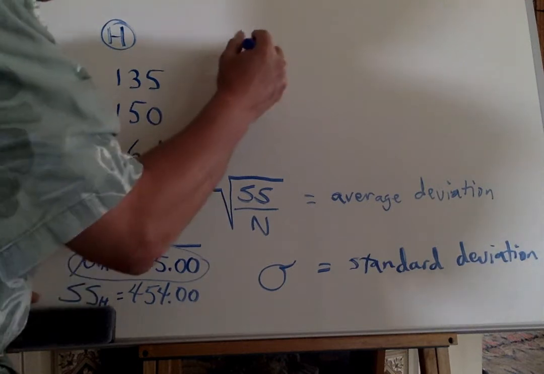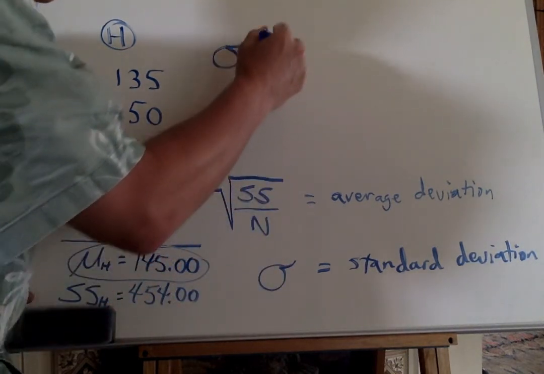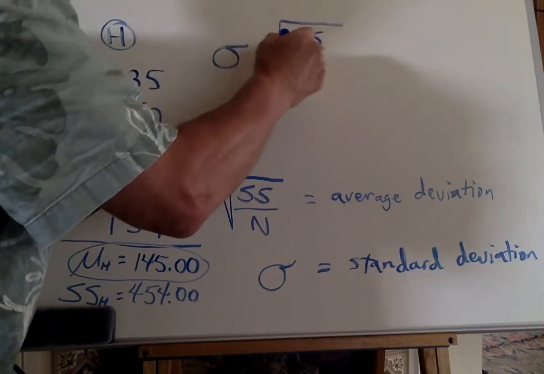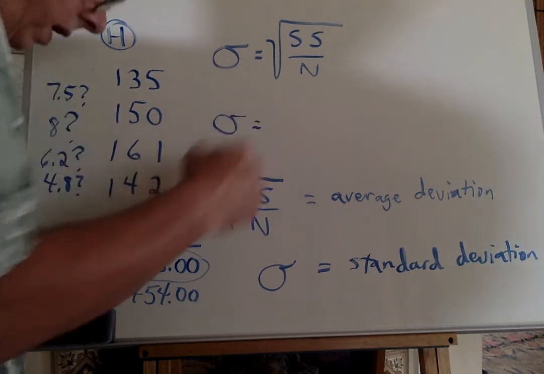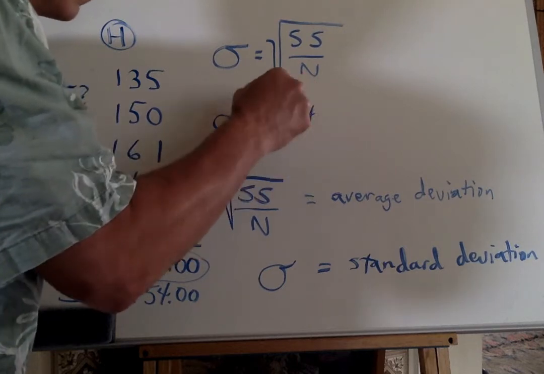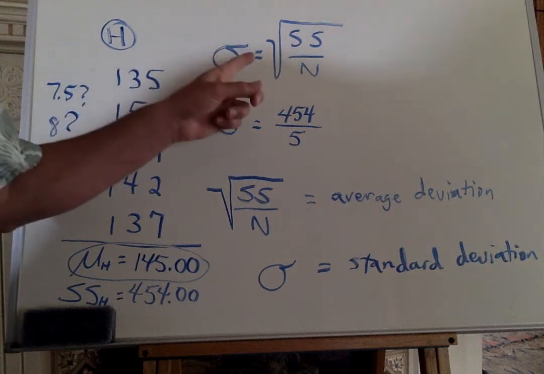Sigma, our standard deviation, is equal to the square root of the sum of squares divided by n, okay? So in this case, we have 454 as our sum of squares, divided by 5. Don't forget to take the square root.